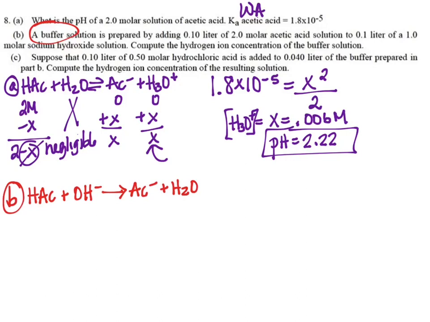So we have 2 molar acetic acid and 0.1 liters, so that's going to be 0.2 moles of acetic acid. We have 0.1 liters of 1 molar sodium hydroxide, so that's 0.1 moles. So who's going to run out first? OH. So we subtract 0.1 and add 0.1.